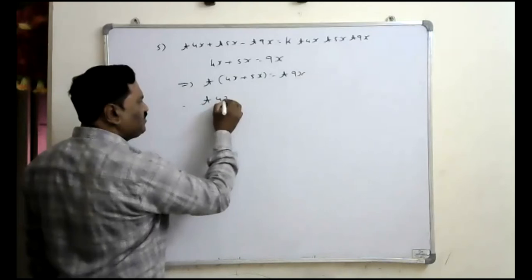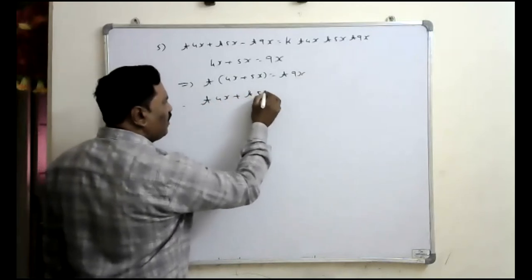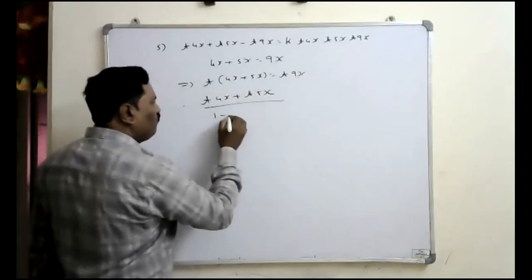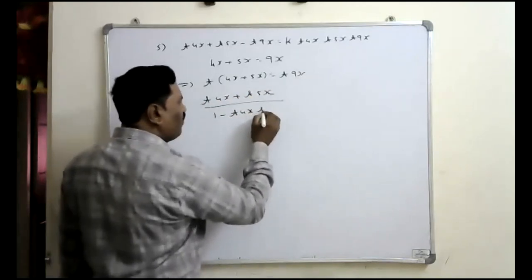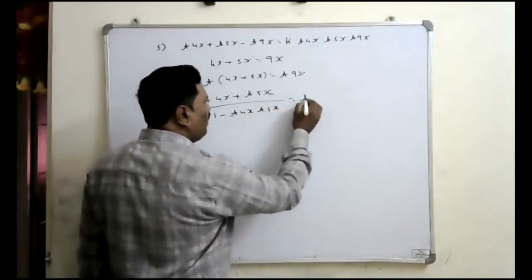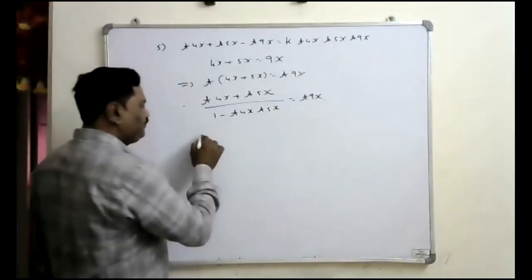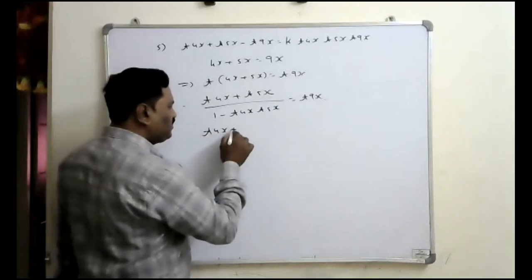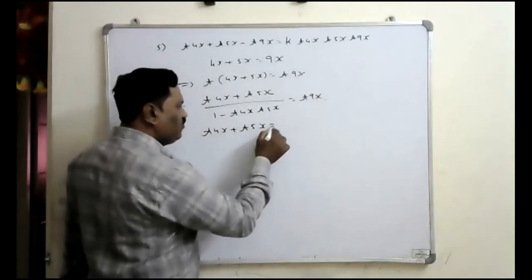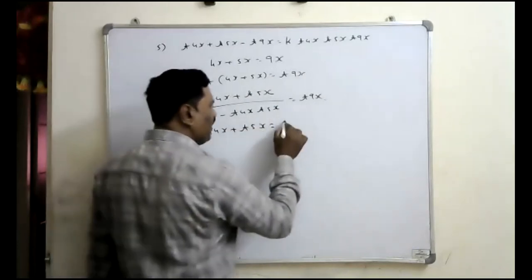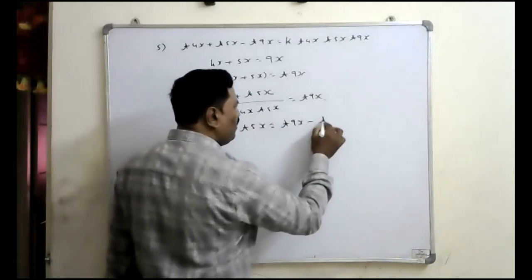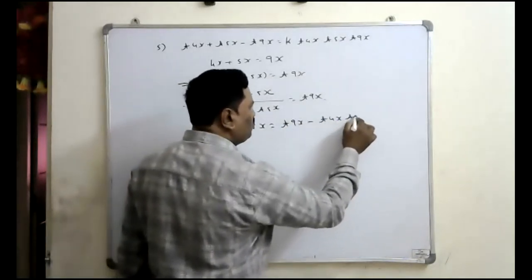Tan 4x plus tan 5x upon 1 minus tan 4x tan 5x is equal to tan 9x. Okay, do the cross multiplication. So tan 4x plus tan 5x is equal to tan 9x into 1, that is tan 9x, minus tan 4x tan 5x tan 9x.